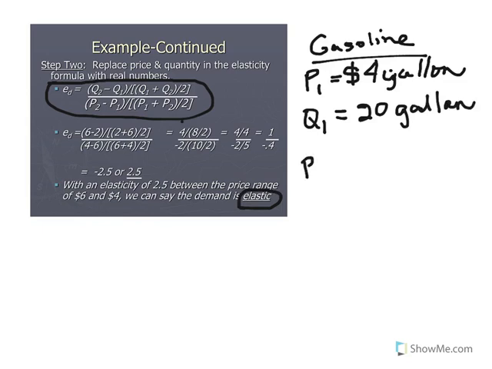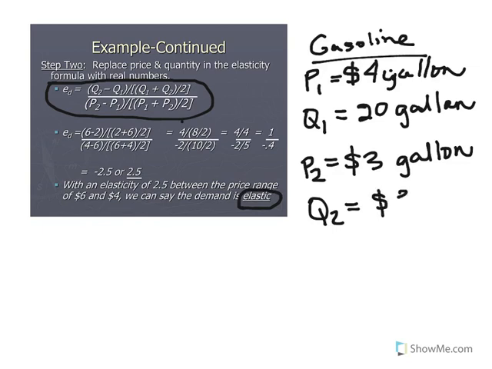And then let's say the price is $3 a gallon, and that causes the amount for me to purchase to increase to, let's say, 30.